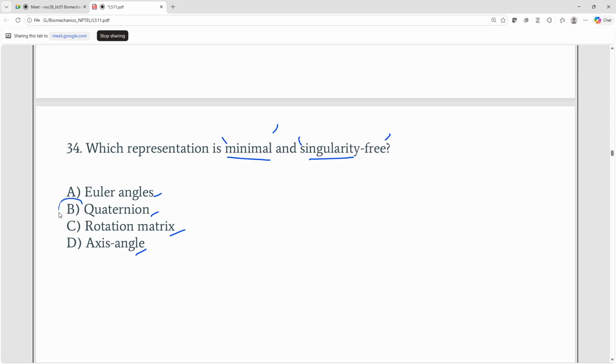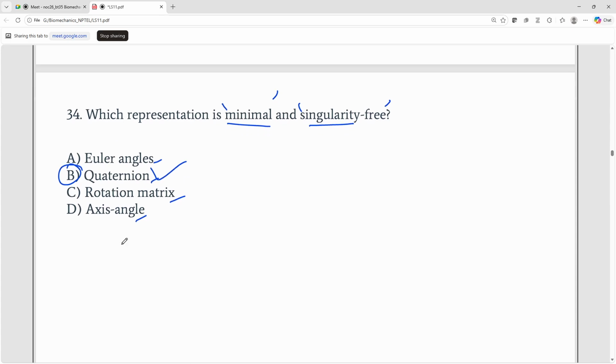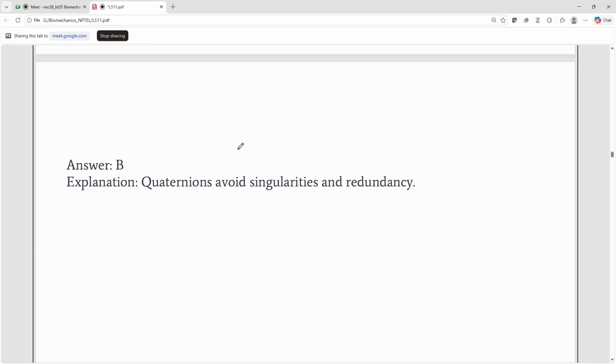So correct answer is option B, quaternions. Among the four choices, the quaternion representation is the minimal and singularity free method. Answer is option B.